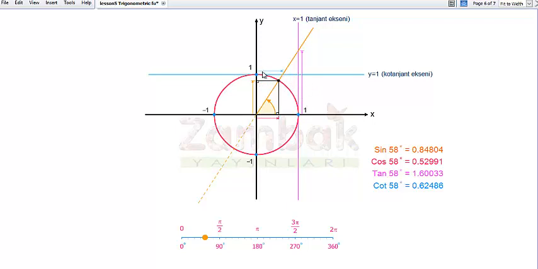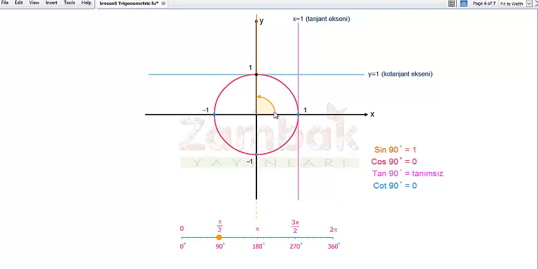And cotangent alpha, look at the cotangent alpha. When you come to 90 degrees, sorry, I couldn't check 90 degrees, yeah, here it is. Sine is equal to the longest length, and it is 1.